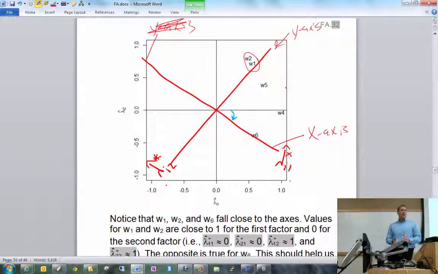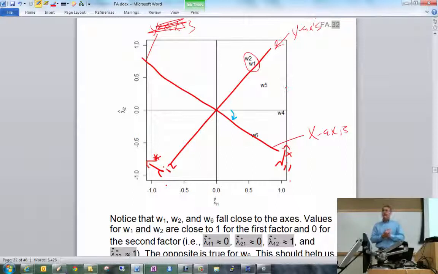And hopefully you realize that W1 and W2 are going to have values of lambdas that are close to 0 for the x-axis, and large values corresponding to factor 2 for the y-axis. W6 there is going to have small values close to 0 for the y-axis, which corresponds to common factor 2, and values closer to 1 for the x-axis, corresponding to factor 1.